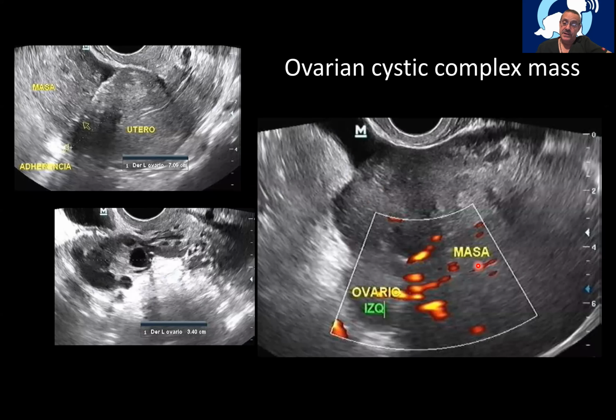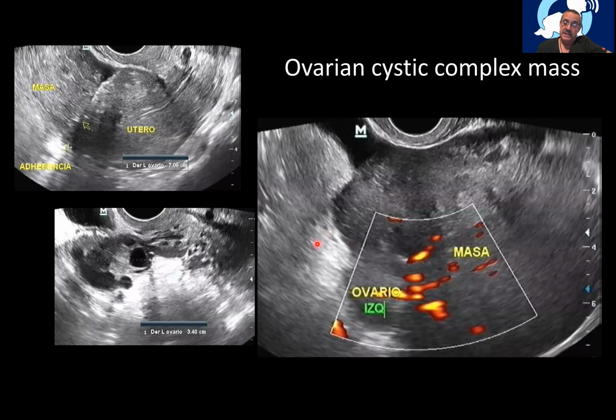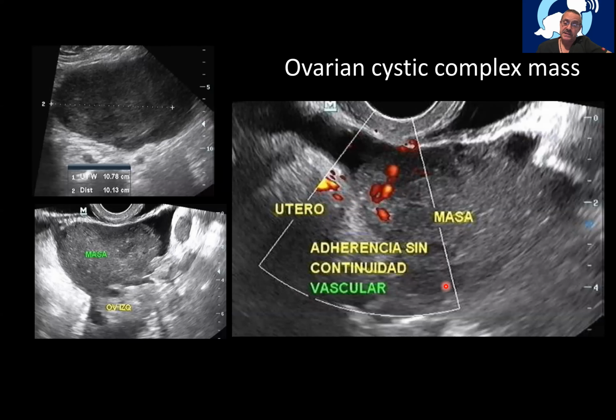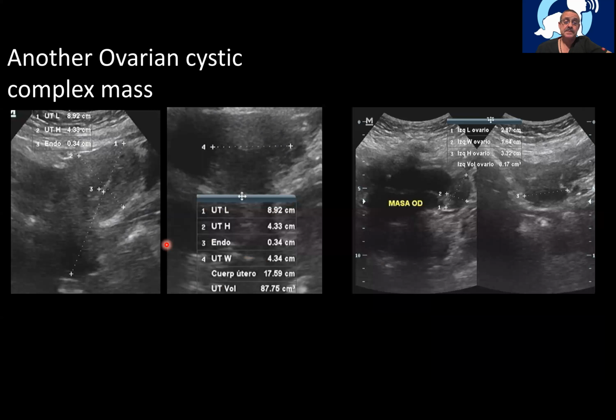There's connection here. There's no connection here. There's connection here. There's no connection with the uterus. Pelvic complex mass with some free fluid. This is the left ovarian artery going to the mass.